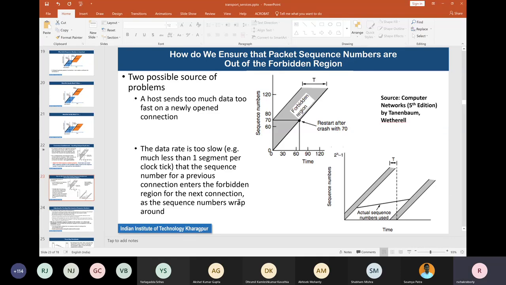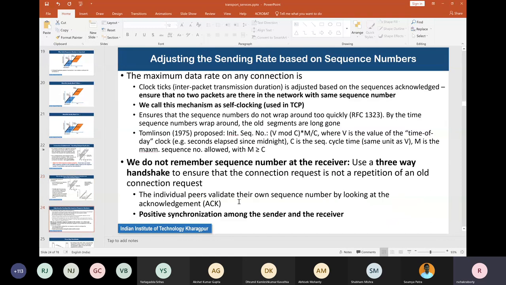All these issues exist. So Tomlinson in 1975 came up with an initial sequence number selection scheme, which we will study, and he came up with several handshaking protocols to initiate and close down connections, which use something called positive synchronization.